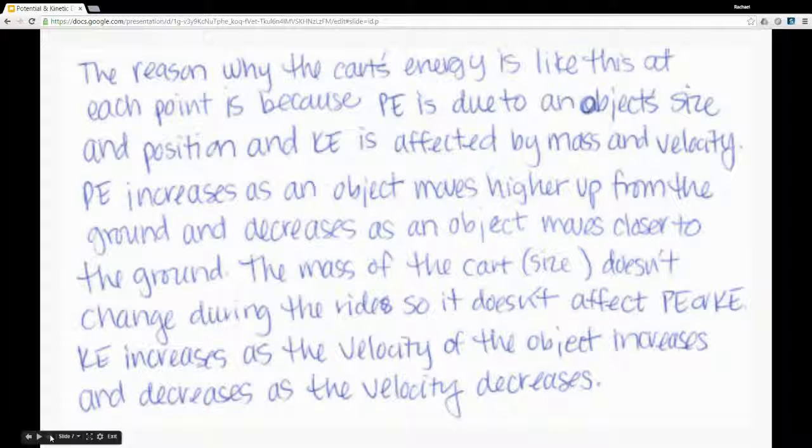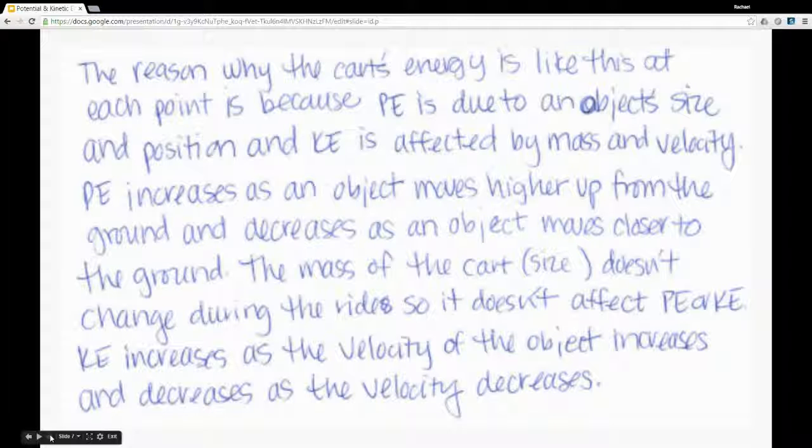The reason why the cart's energy is like this at each point is because potential energy is due to an object's mass and position, and kinetic energy is affected by mass and velocity. Potential energy increases as an object moves higher up from the ground, and it decreases as an object moves closer to the ground. The mass of the cart doesn't change during the ride, so it doesn't affect potential energy or kinetic energy.